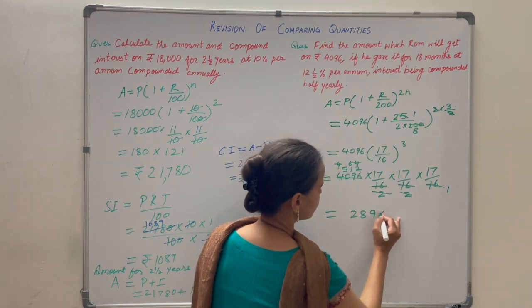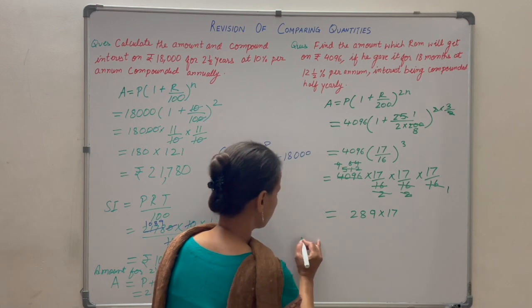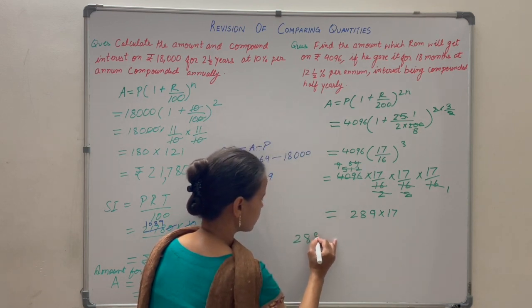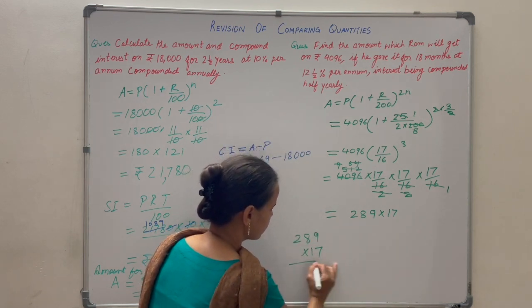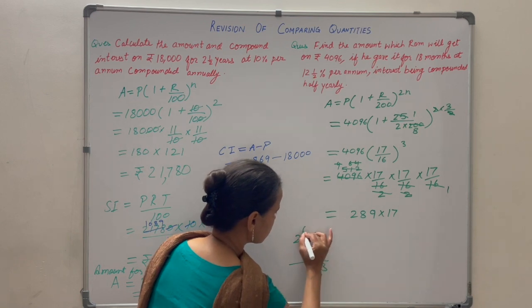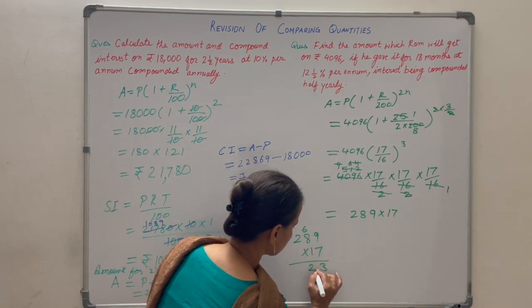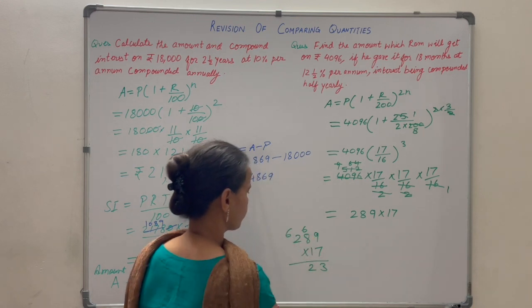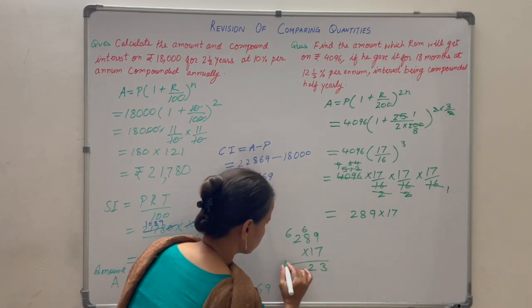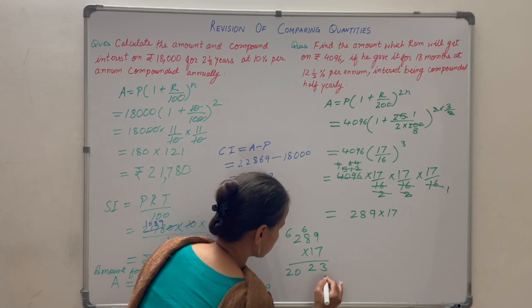289 into 17. So let us multiply 289 into 17. So 7 9s are 63, 56 plus 2, 62, 14 plus 6 is 20.